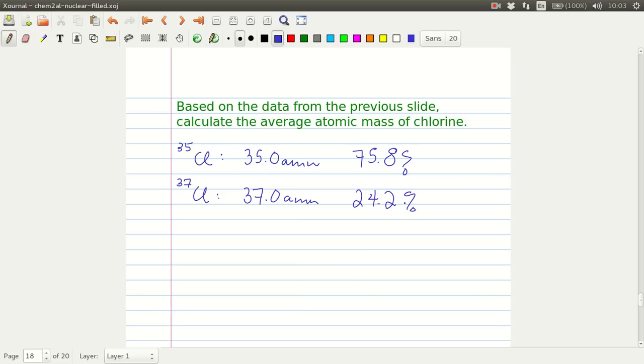How do we calculate the average atomic mass of chlorine? What you do is you take the abundance of the first isotope times the mass of that isotope, plus the percent abundance of the second isotope times the mass of the second isotope. And you do this for all the isotopes that you know of for your element.